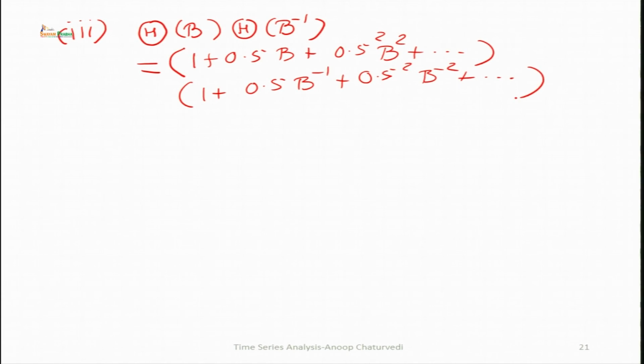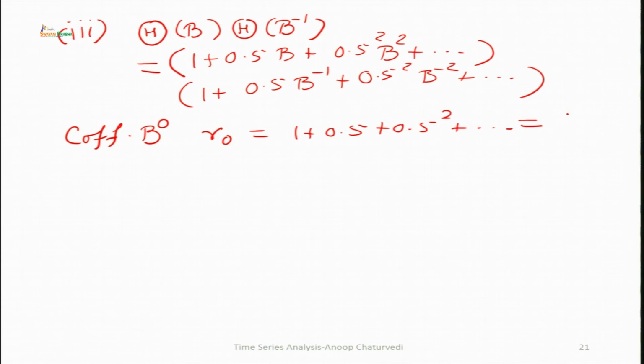Again you multiply these two terms and arrange the multiplication in the powers of B, and then you can easily check the coefficient of B to the power 0 is gamma 0 equal to 1 plus 0.5 square plus 0.5 to the power 4 and so on. You have an infinite geometric series, and the value of this series is 4 by 3.